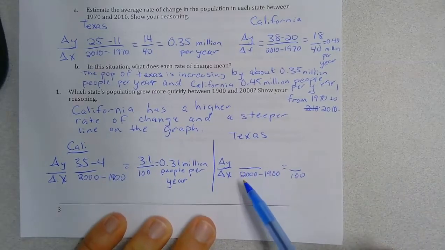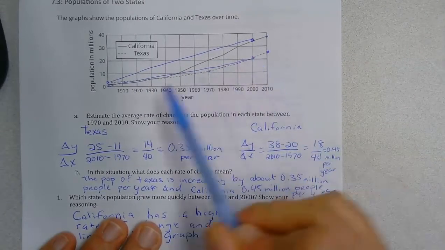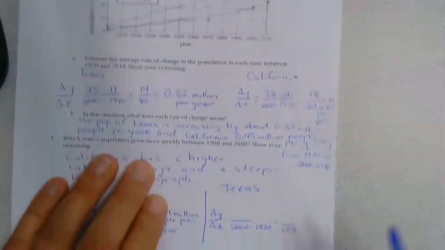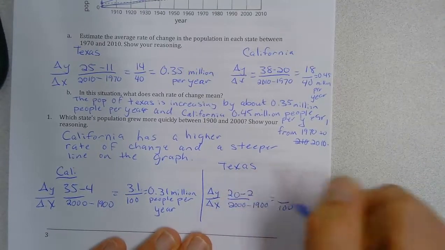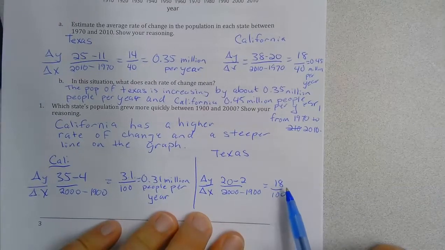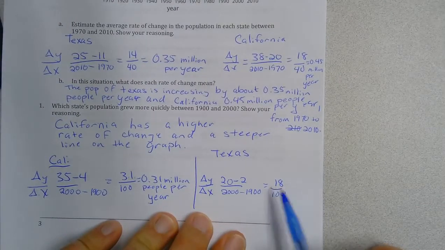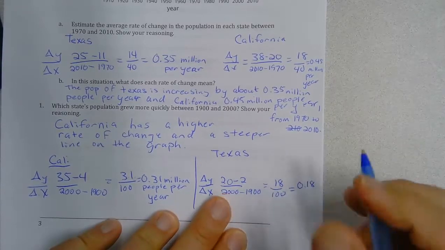So now we have to find the change in Y. So going back to here, we're at 20 million minus about 2 million, which gives us 18 million per 100 years. Sliding the decimal 2 spots, it gives us an increase of about 0.18 million people per year.